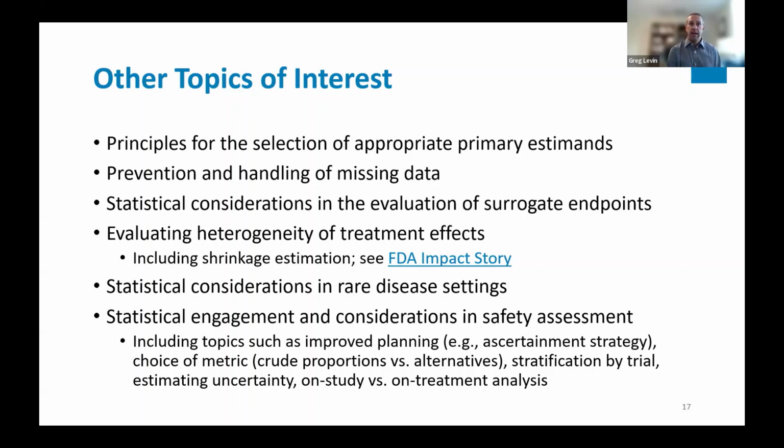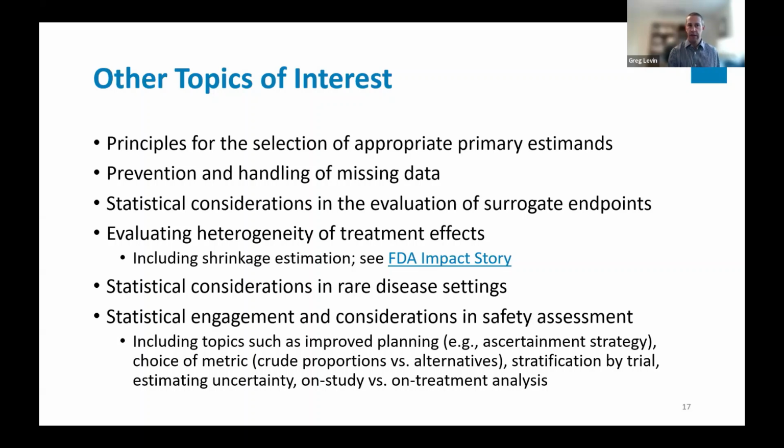Evaluating heterogeneity of treatment effects, including subgroup analysis. There's an FDA impact story on the potential value of shrinkage estimation in evaluating heterogeneity of treatment effects that I provided a link to here. I think this is an important area where we could improve some of the methods and approaches.